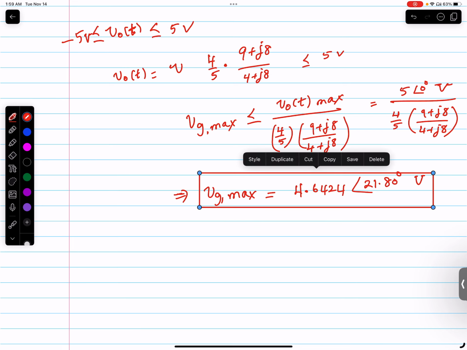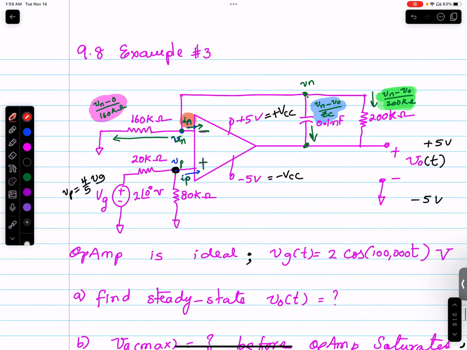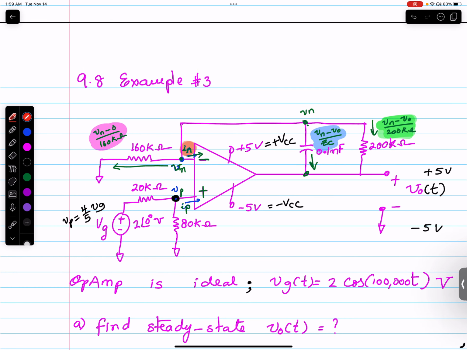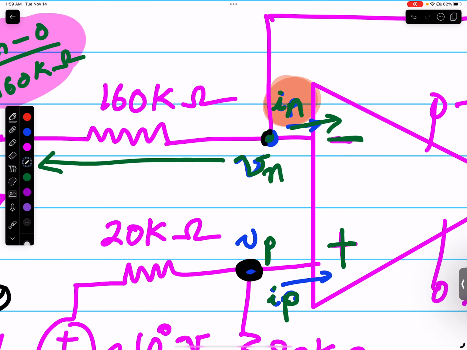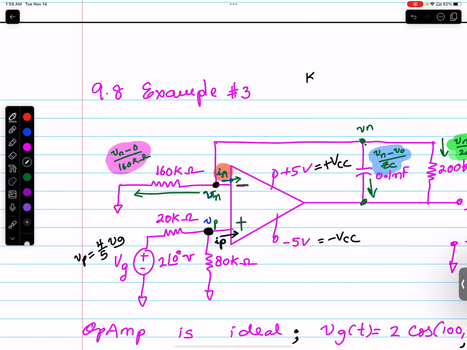Remember how we analyzed the op amp. Let me review this really quickly. The way we analyzed the op amp is pretty similar to what we did earlier in the DC analysis as well. Vp and Vn are virtually shorted, therefore Vp equals Vn. That's one of the rules. The current going into the op amp is really zero. That's the second rule. Then it's just a matter of applying KCL at node Vn.